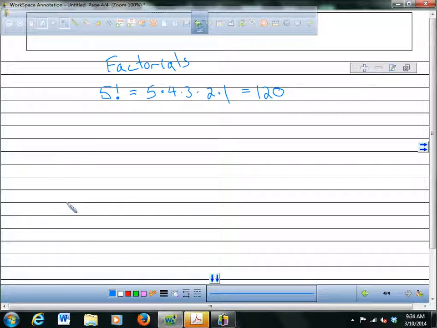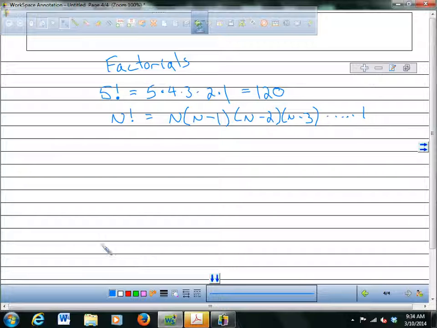You use factorials a lot when you're counting up things or you're figuring out how many batting orders there are or something like that. So n factorial is equal to n times n minus 1 times n minus 2 times n minus 3 times dot dot dot until you get down to 1, right?